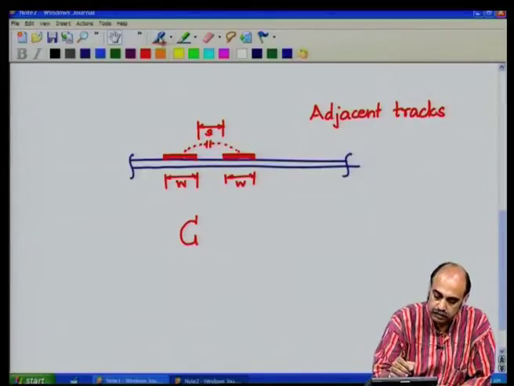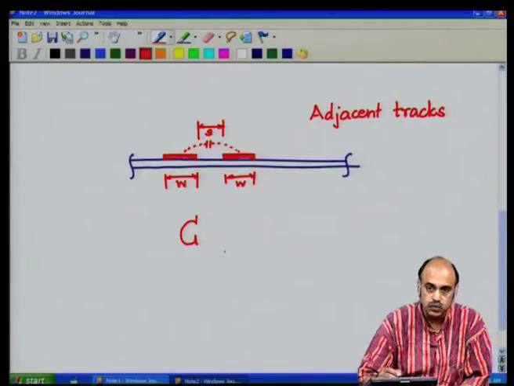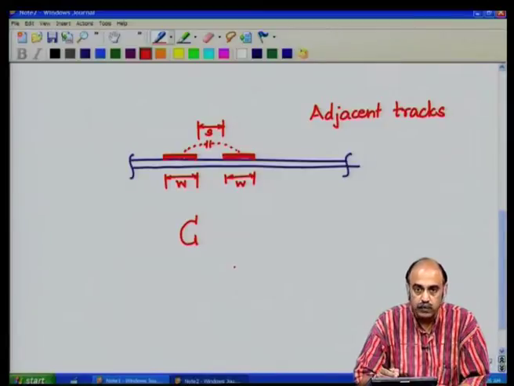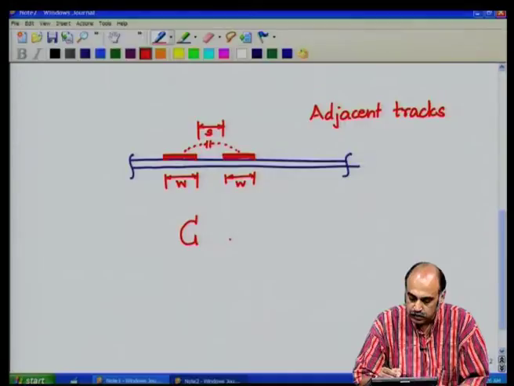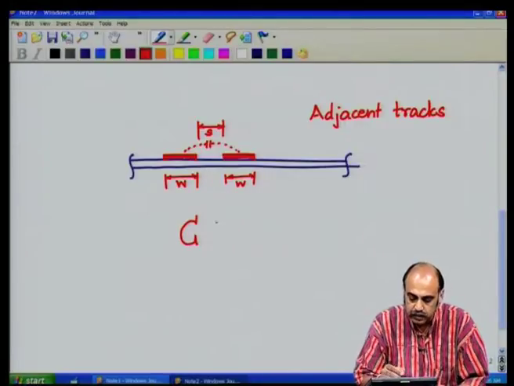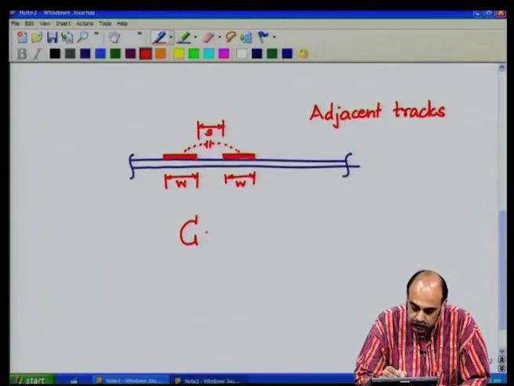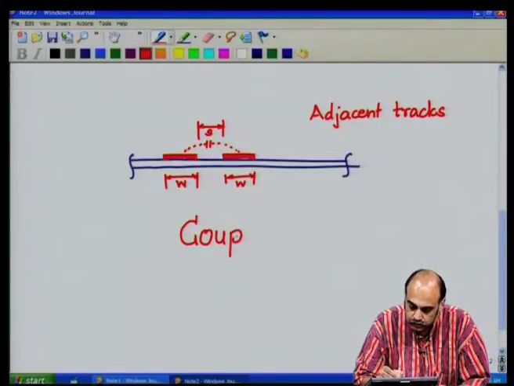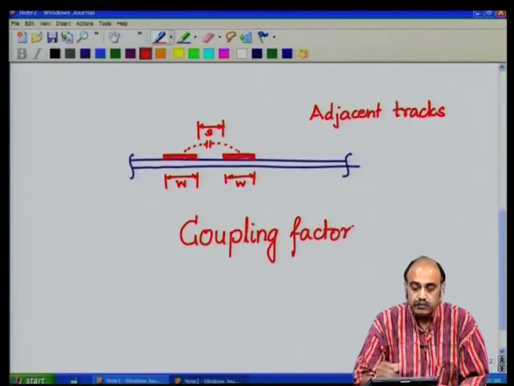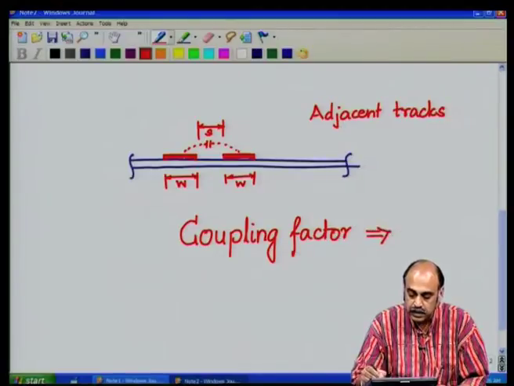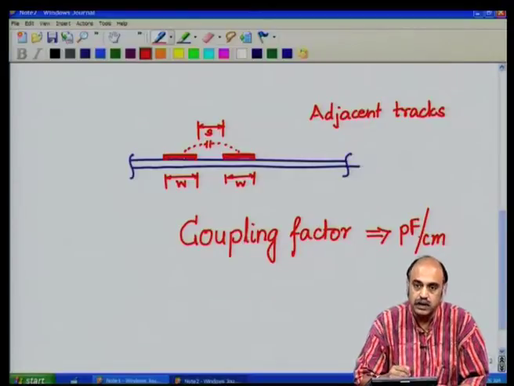However, people have come up with some empirical rules which can be used for finding the capacitance. What is normally given in the empirical rules is a factor called the coupling factor, and this is expressed in picofarads per centimeter run of the track.